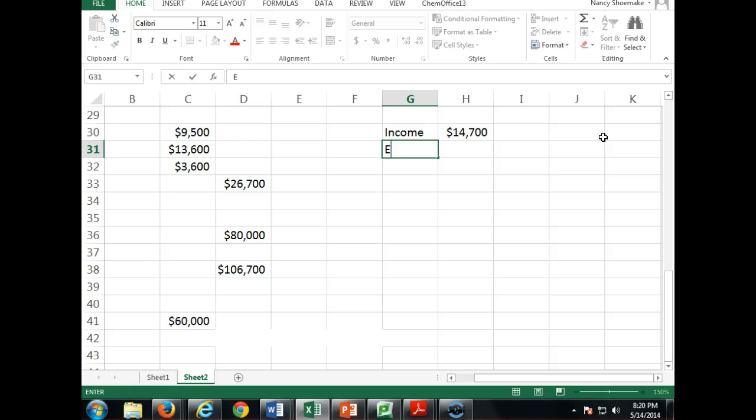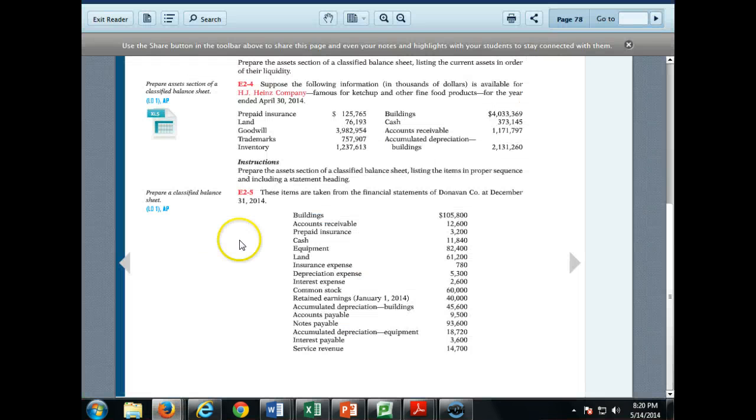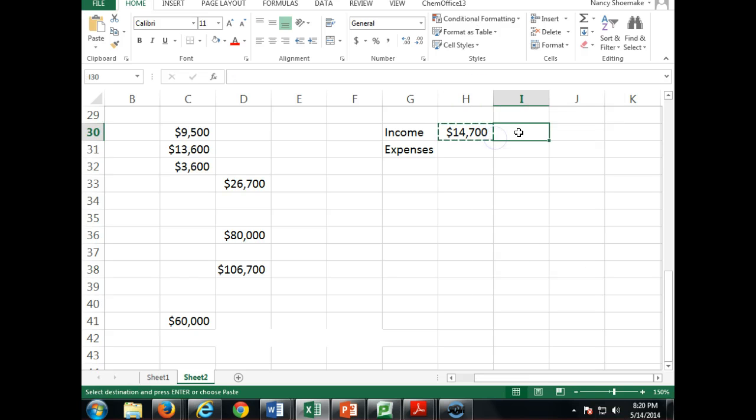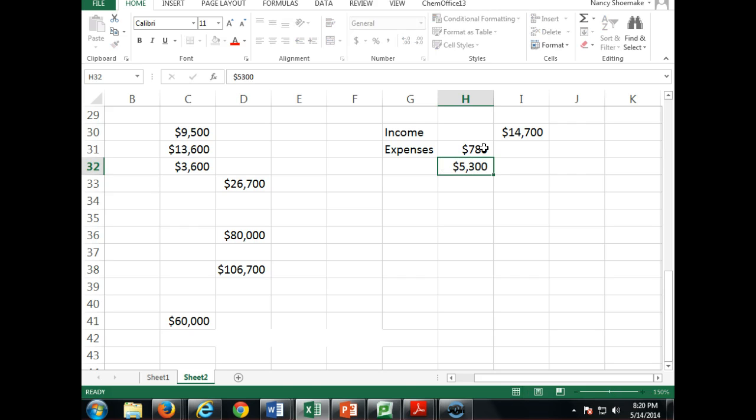What kind of expenses did we have? Insurance is 780. Depreciation of 5,300.